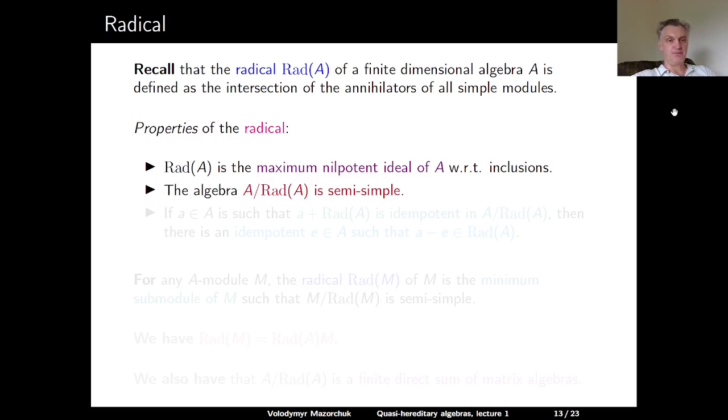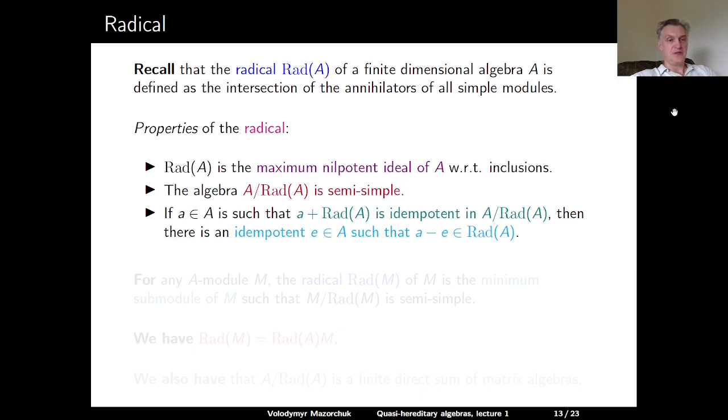Next, if we take the algebra A and factor out the radical of A, the outcome is a semi-simple algebra. And here is one of the most important properties of the radical: the lifting of idempotents modulo radical.